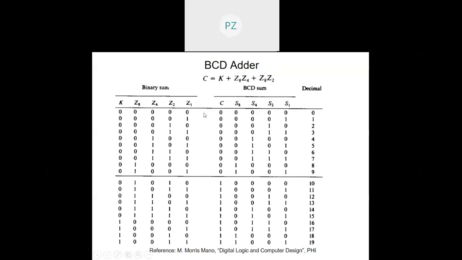Whenever the binary sum is between 0 and 9, I do not require a C, and I do not require any correction either. But when the binary sum exceeds 9, and all these conditions I have covered using K plus Z8 Z4 plus Z8 Z2, as I explained a little while ago, then this should apply homogeneously an addition of 6 to all such numbers which exceed 9, right?